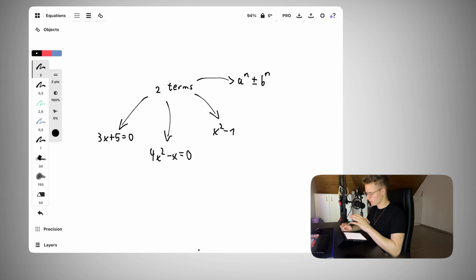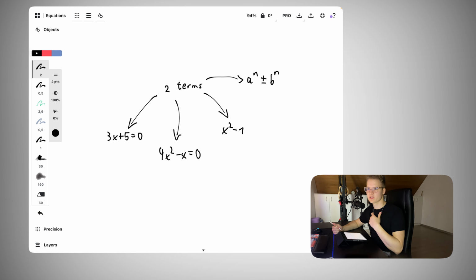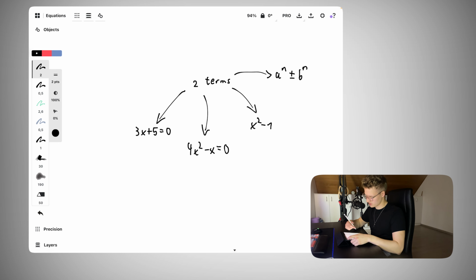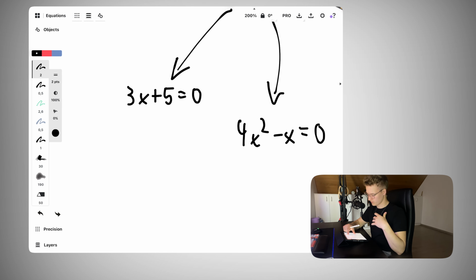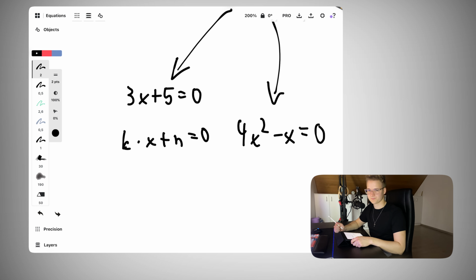We can start by looking at what happens if we have two terms. Generally speaking, we have four possible cases. The first possible case is that we just have 3x plus 5, for example, or basically a linear function: something times x plus something equals 0.